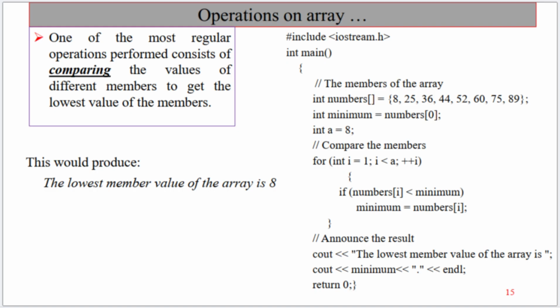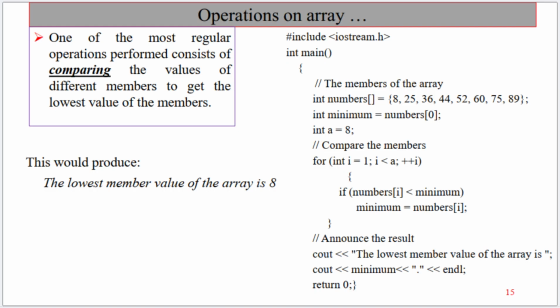#include <iostream>, int main. The members of the array: int numbers equals 8, 25, 36, 44, 52, 60, 75, 89. Int minimum equals numbers[0]. This would produce: the lowest member value of the array is 8.